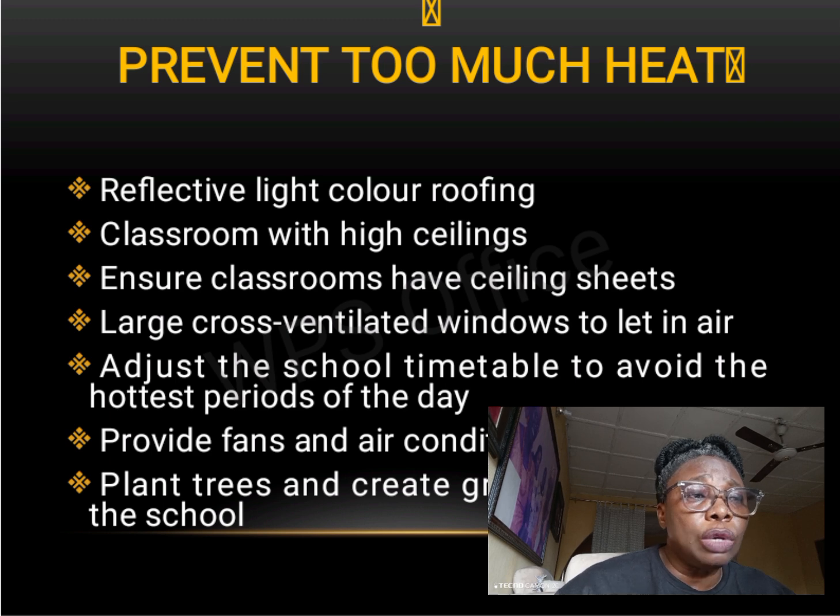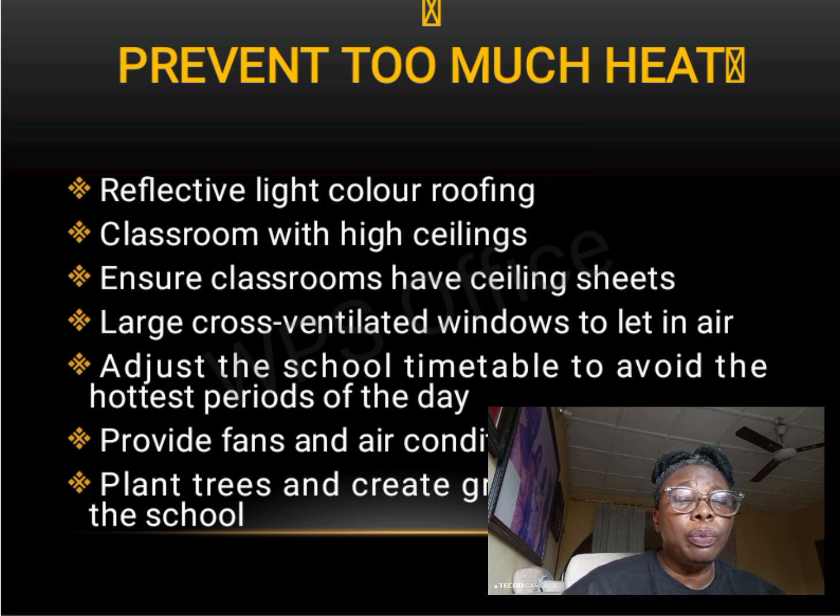And of course, other things we can do to control the heat is to provide fans and air conditioners. But remember, your fans and air conditioners just rotate the air that's in the environment. They take it down a degree or two, but not much else.